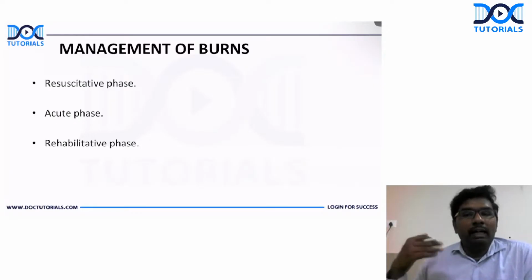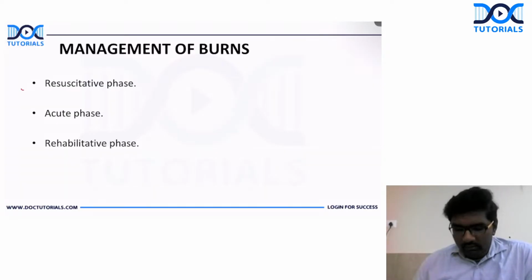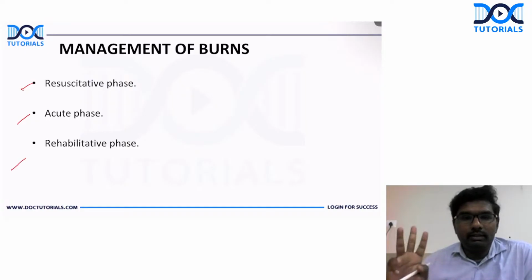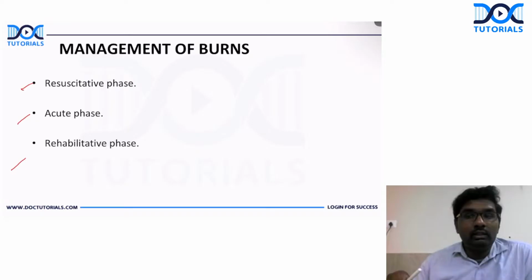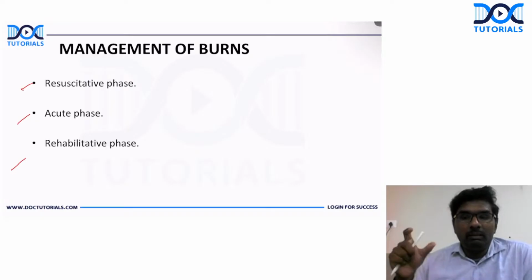We can classify the management of burns into 3 phases. Resuscitative phase: this is the thing to be done at the site of burns. If a burn happens maybe in an office setup, what we are supposed to do in that office setup itself, the location where the burns occur, and also how to manage it.